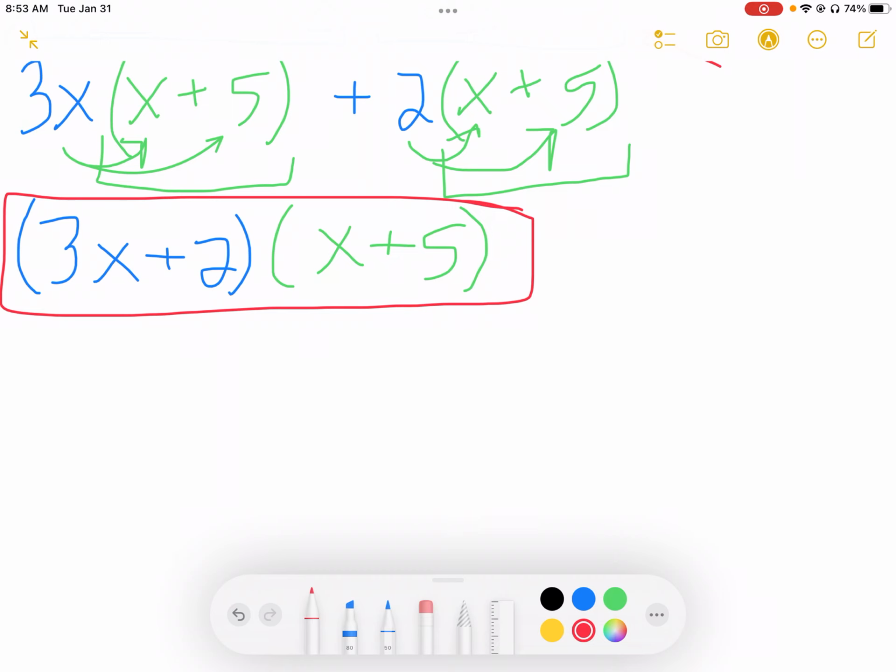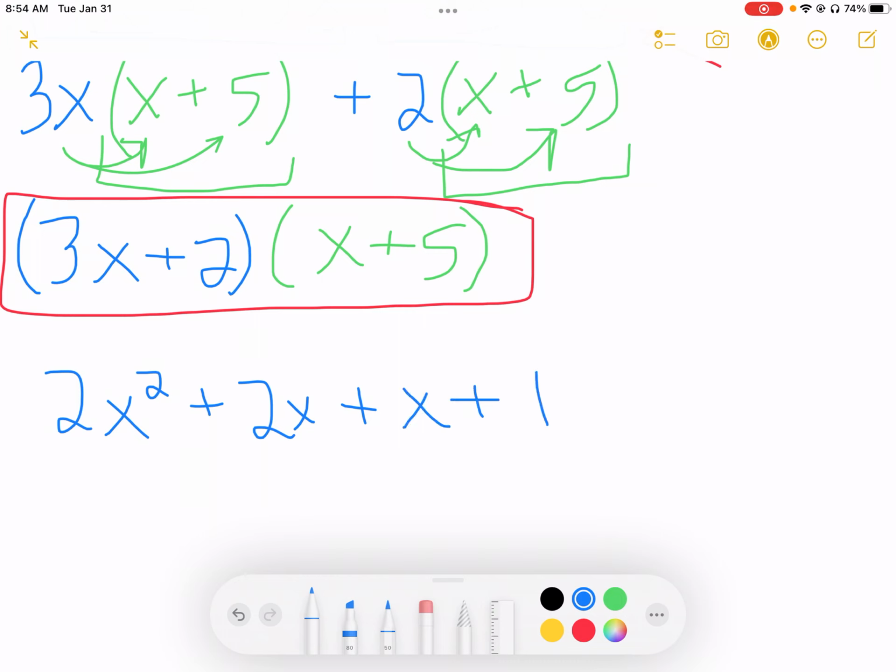I'm going to bring up a different example that's similar to one of the ones that you're going to work on in your problem. Okay, so let's say we have 2x squared plus 2x plus x plus 1.